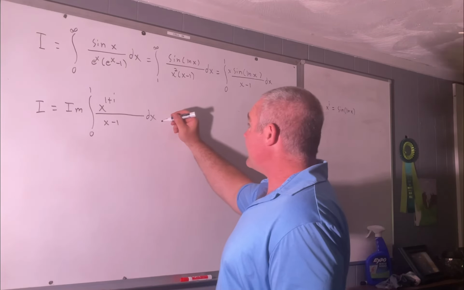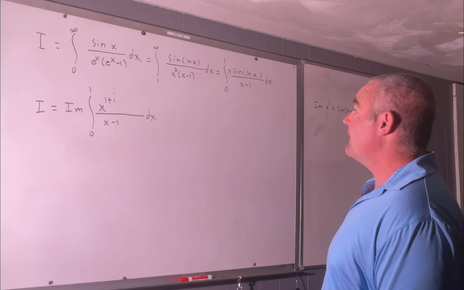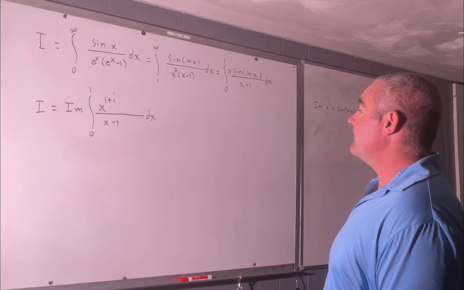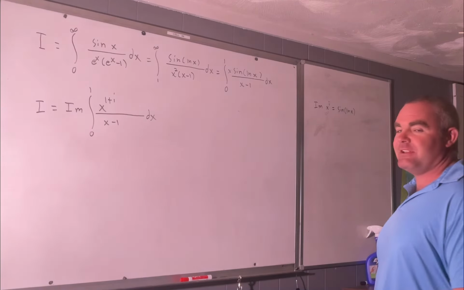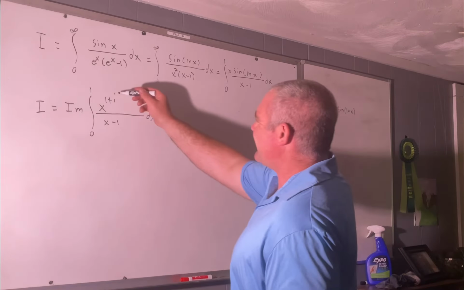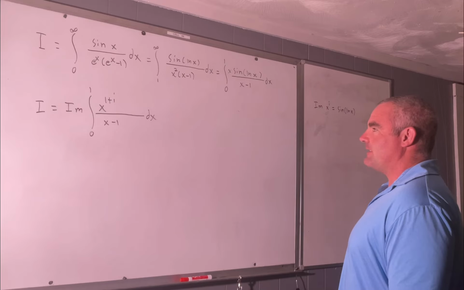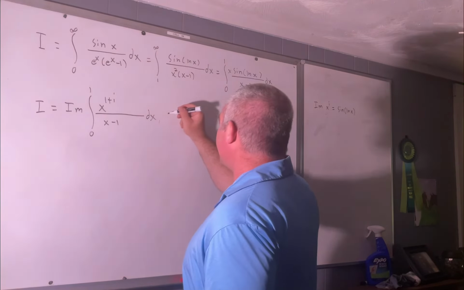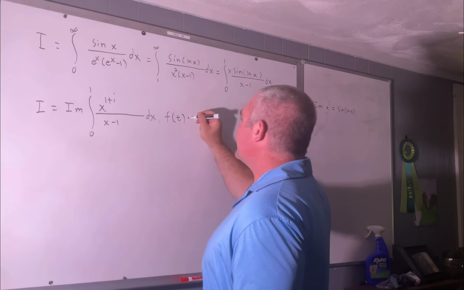Now, we don't need to create a function of t, but since we have this thing right here, I don't really want to work with that directly, so I am actually going to create a function of t, although, like I said, we don't need to.